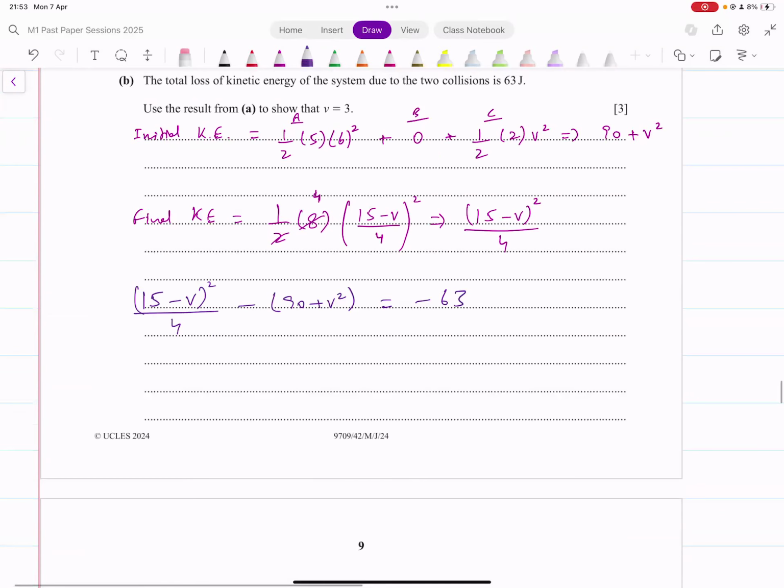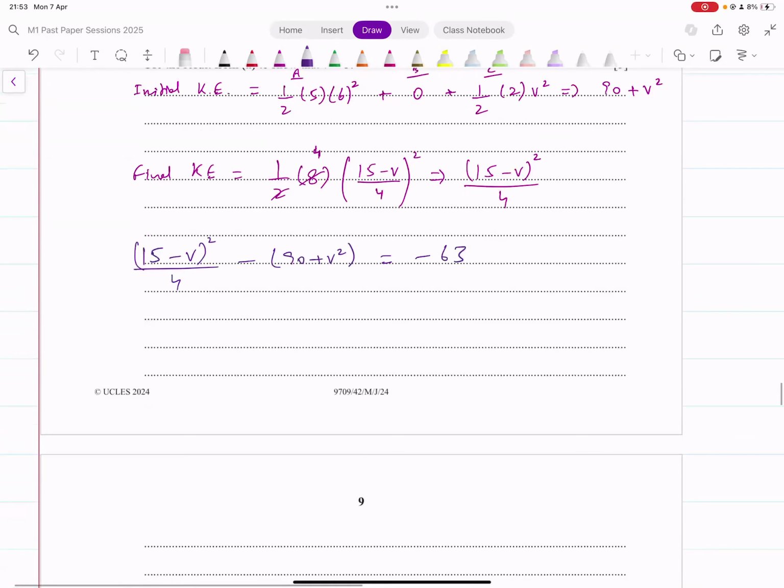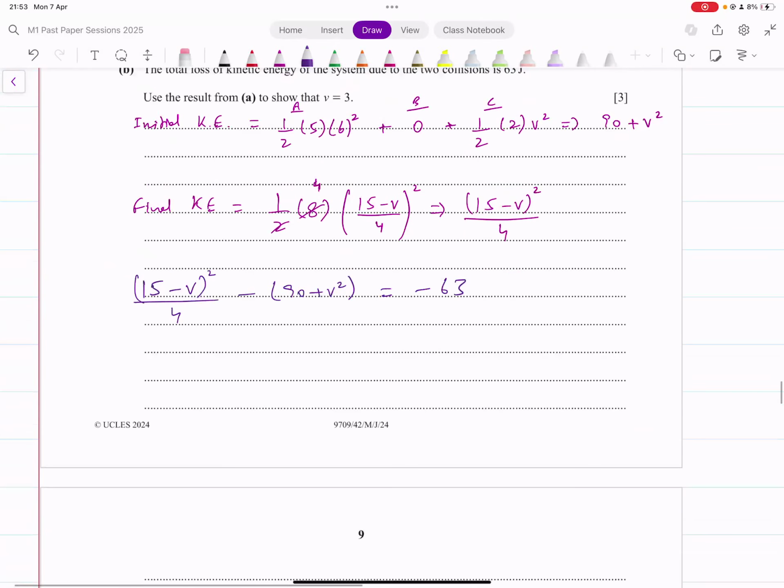On the left side, 15 minus v squared. Why is it so lengthy? 15 minus v whole squared, that is 225 minus 2 into this, that's 30v plus v squared, minus, so I'm multiplying 4 with the equation. That will give me minus 360 minus 4v squared. 4 gets multiplied on the other side as well, and that gives us minus 252.